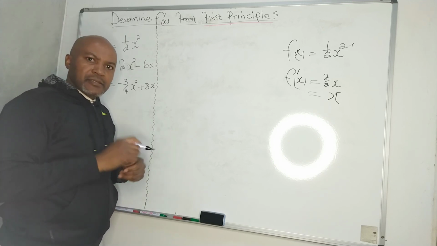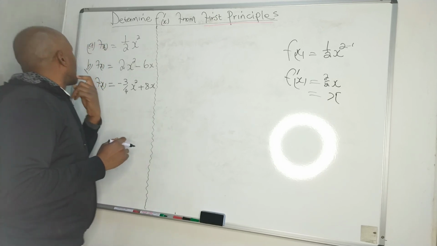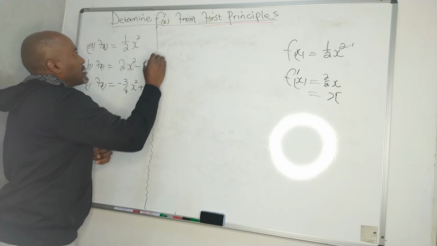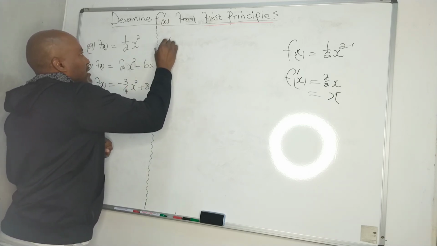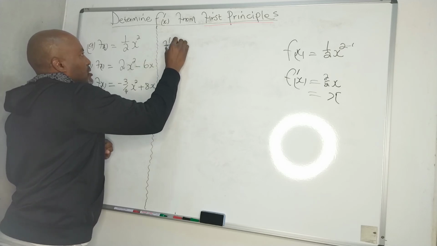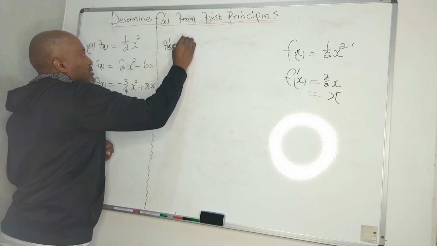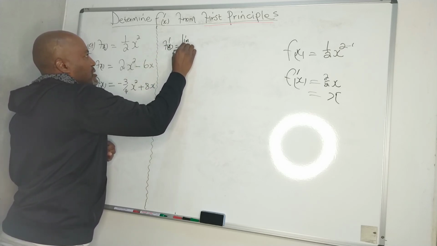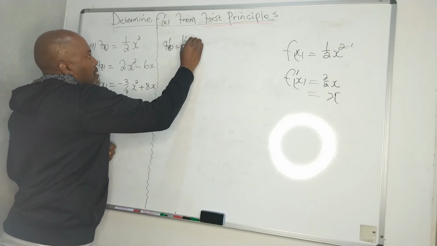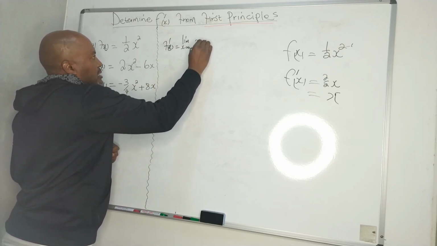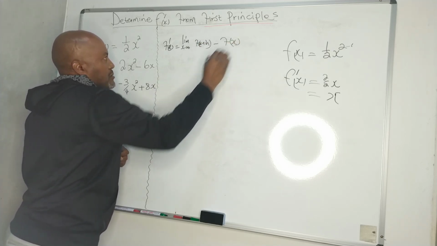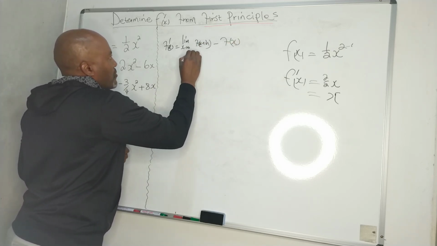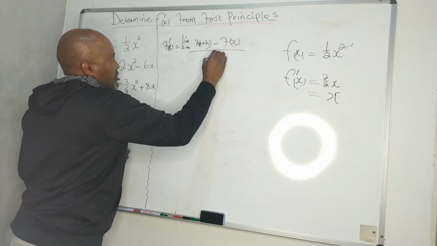This is the answer that we're supposed to get when we use the formula. Now, what does the formula say? The formula says that f prime of x is equal to the limit as h approaches 0 of f of x plus h minus f of x all over h.